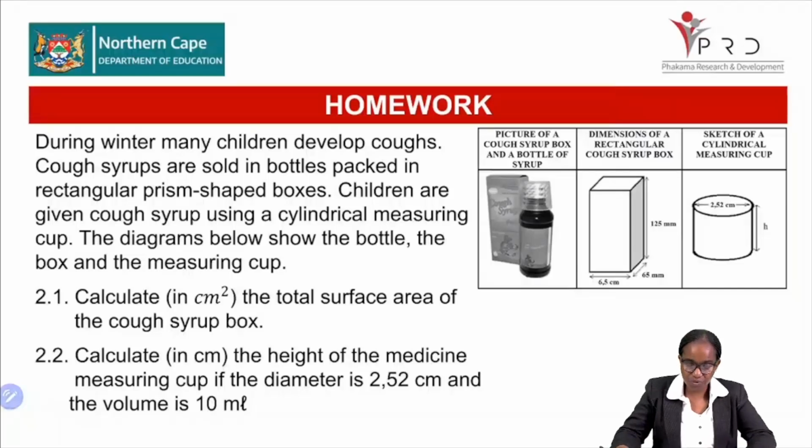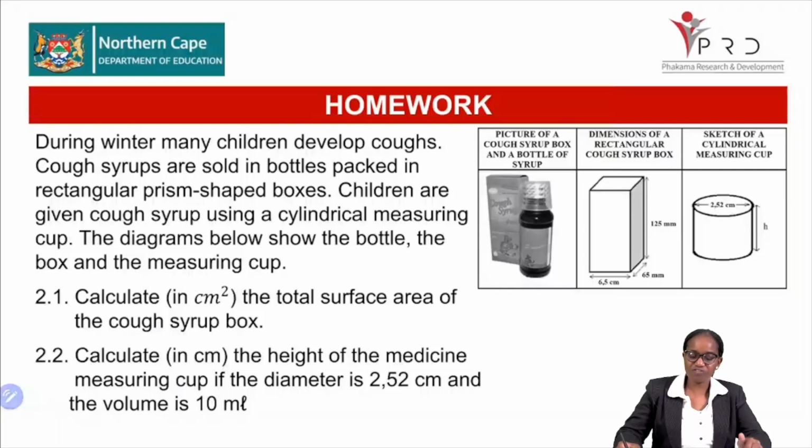We'll take a look at the question that is displayed there, and let's attempt to do this question as homework. The question reads, during winter, many children develop coughs. Cough syrups are sold in bottles packed in rectangular prism-shaped boxes.